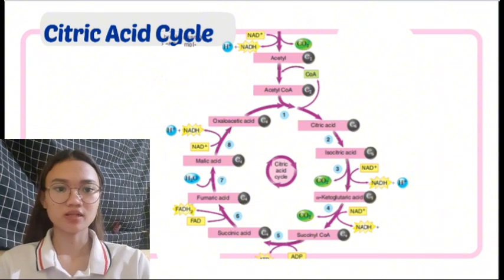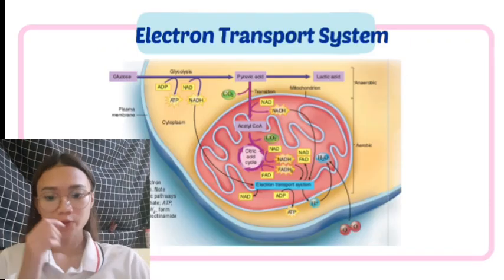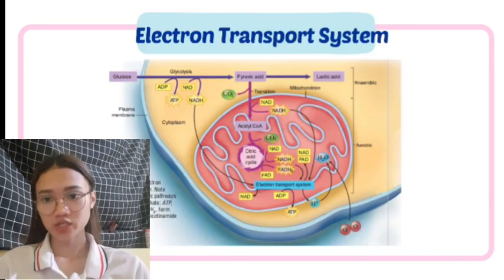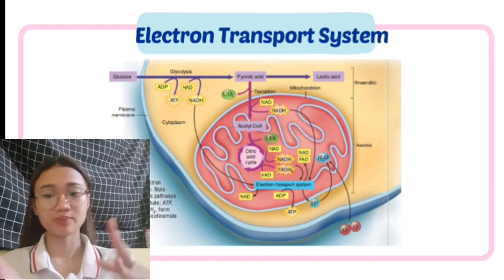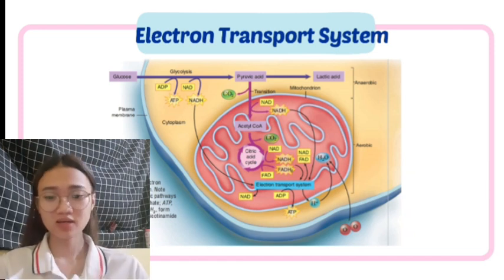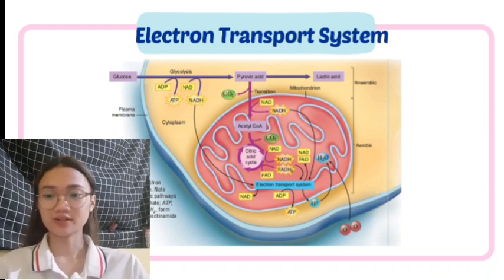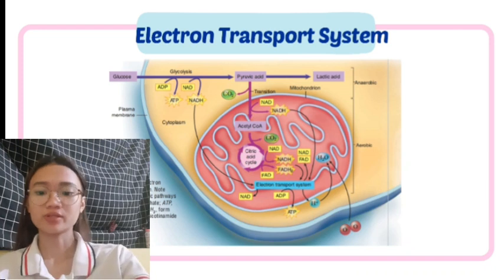Next, we have the electron transport system. So, yung nakikita nating NADH and si FADH2 are yung mga byproduct from glycolysis and citric acid cycle. So, sila yung nagdadala ng energy electrons papunta sa electron transport.